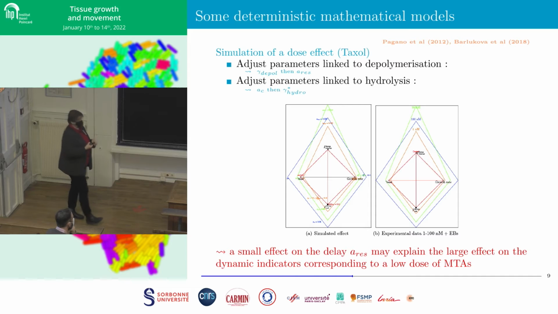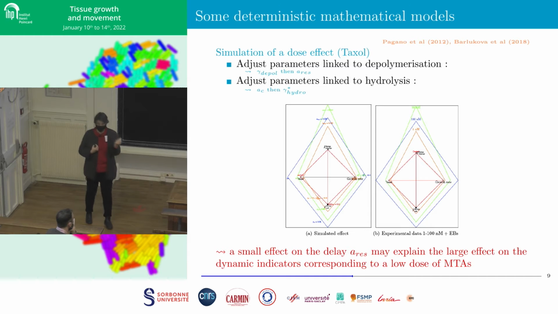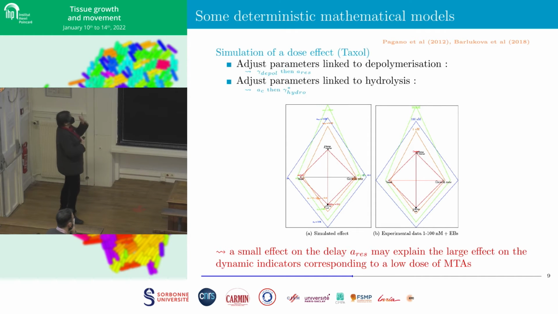And so what Iuna proved is that this small effect, this effect due to the small dose, can be explained by an effect on 1 parameter that was RS in our model.